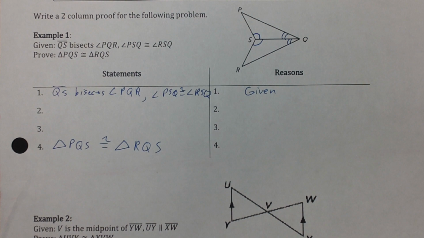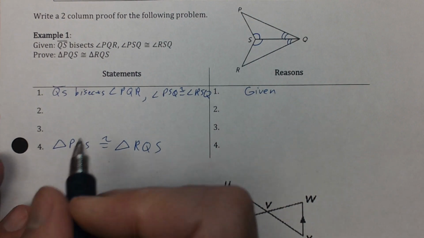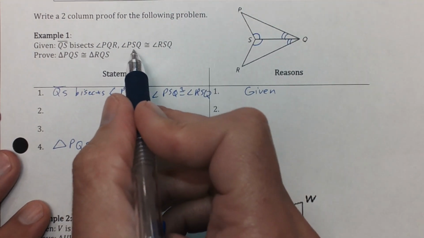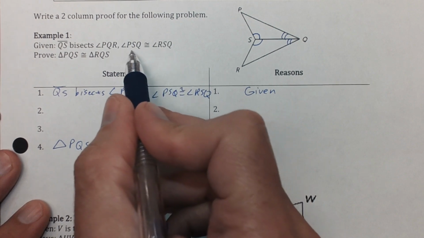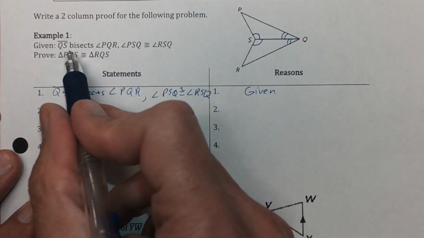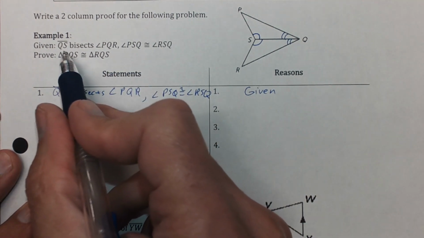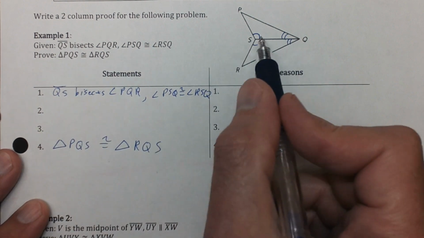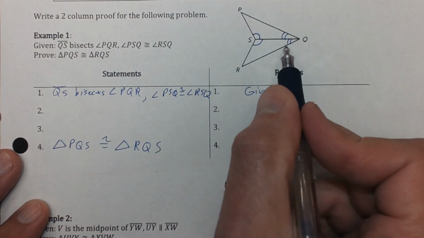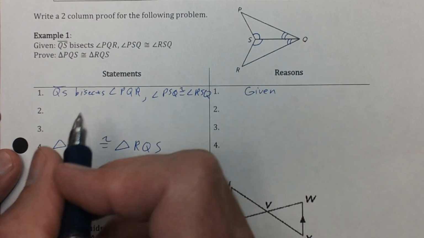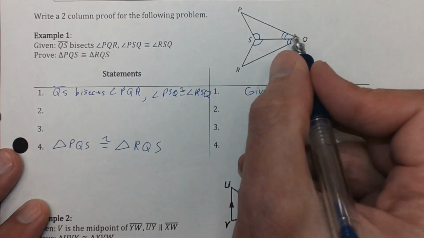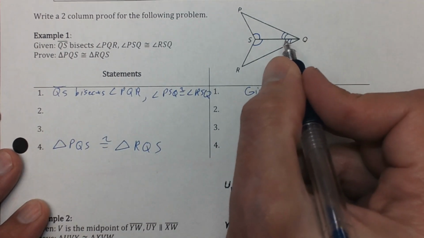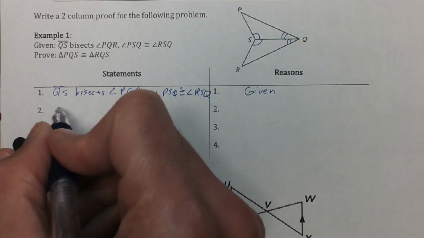So the first thing really is they told you about the segment, the angle bisector. QS bisects angle PQR. So I went ahead and modified my drawing. I marked it up, but I didn't actually write that down in my proof yet.